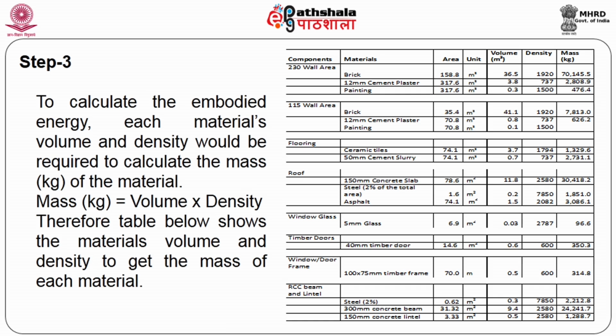The density of the brick is around 1920 as per the standards, and that multiplied gives you the mass. Similarly, for each material you need to convert the square meter into mass or kg. This is very important, because without doing this it becomes very difficult to understand how the calculation would move forward. I hope this is much clearer.